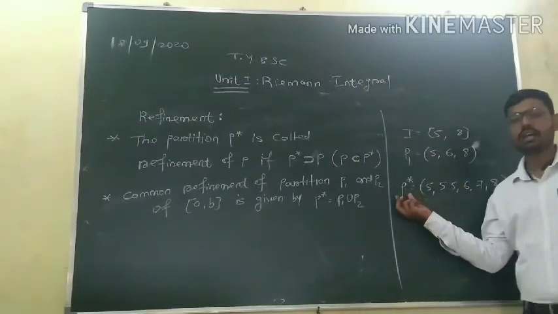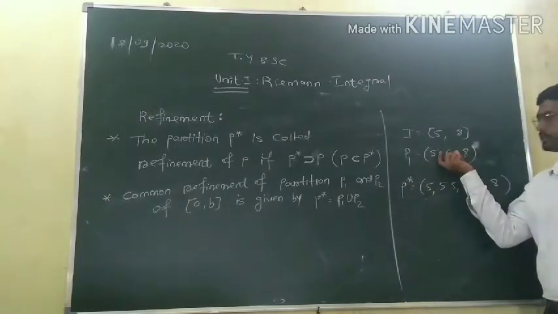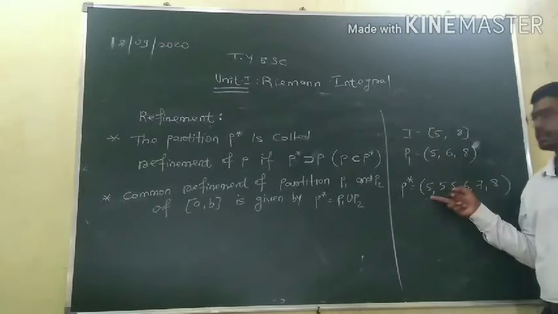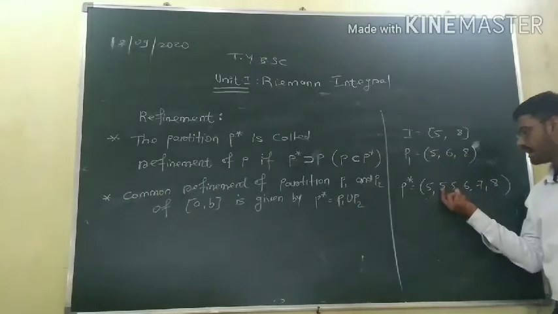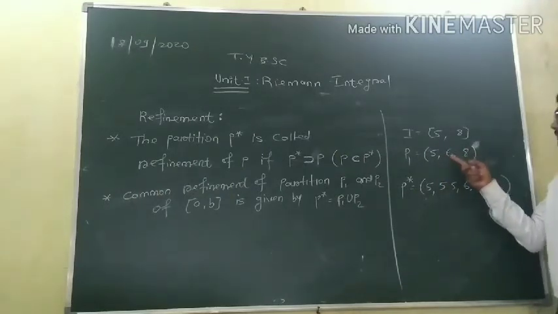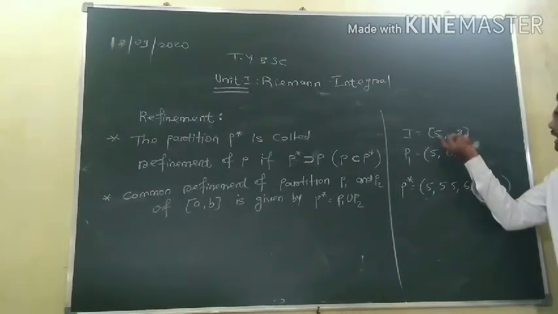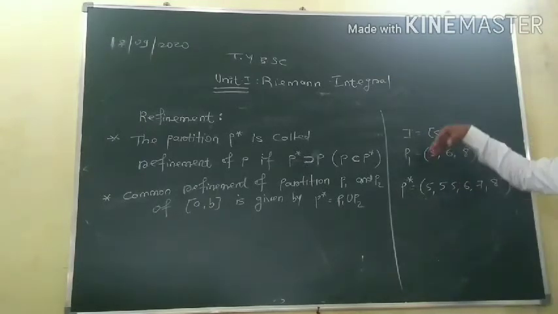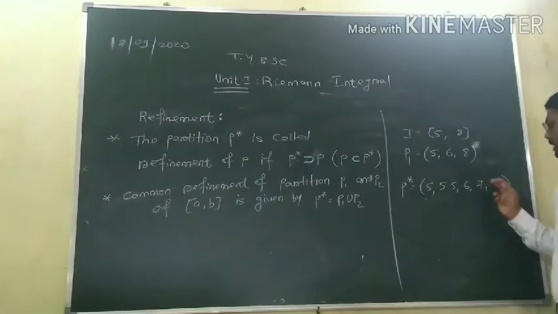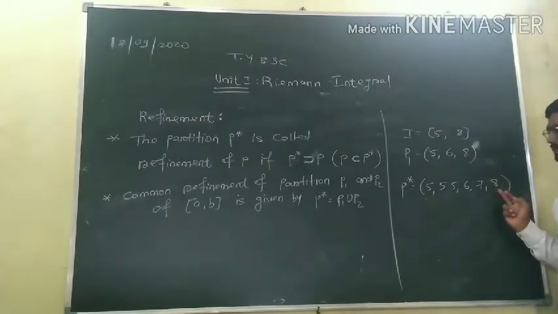Because P star is obtained by adding some extra elements to P1. See, 5 is here, 5 is here. Then 5.5 is not in P1 but is added here as an extra one. Now 6 is in both. Now we add an extra point 7, but the added points are again from the interval 5 to 8, not from outside the interval, and 8 is in P1 and also in P star.